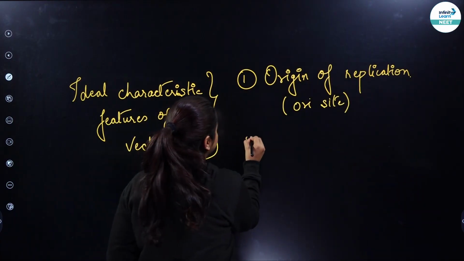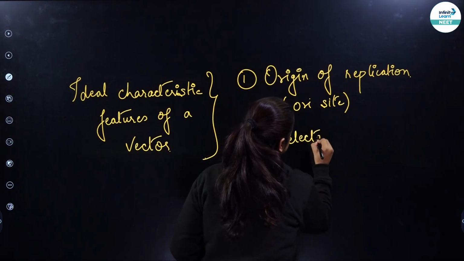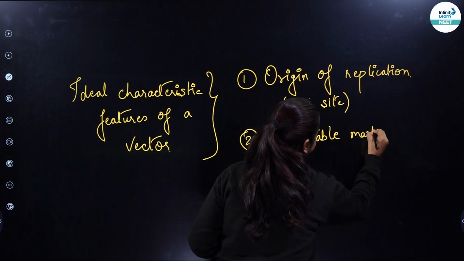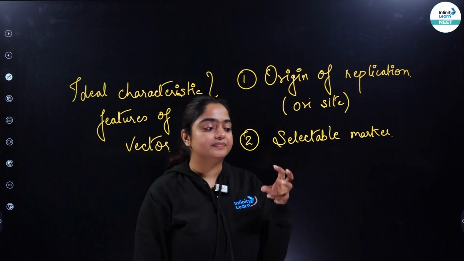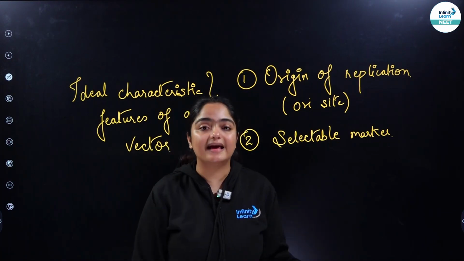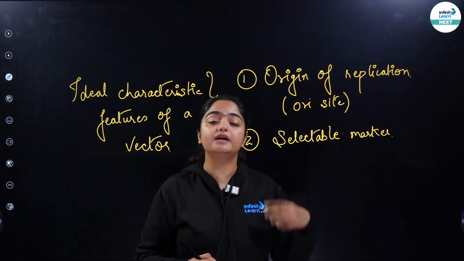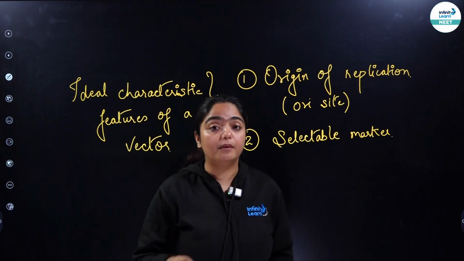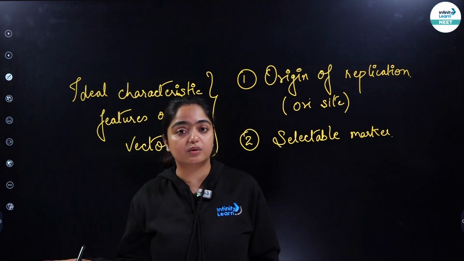The next thing is the selectable marker. A selectable marker is basically that particular gene which will help to recognize between transformant and non-transformant, which is also known as between recombinant and non-recombinant. Recombinant is that piece of DNA which has to be introduced into the host organism.